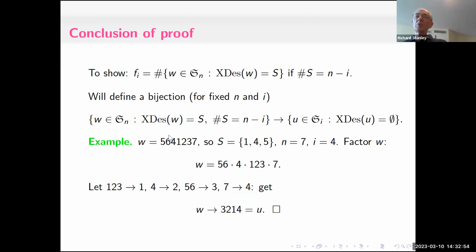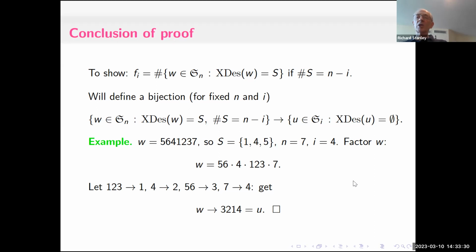We're going to factor W according to the longest sequences of consecutive increasing integers. So we're factoring it after the non-successions. And now we take the factor with the smallest terms, 1, 2, 3, and replace it by 1. And the factor with the next smallest terms, 2, replace it by 2, etc. So we'll get this permutation 3, 2, 1, 4.